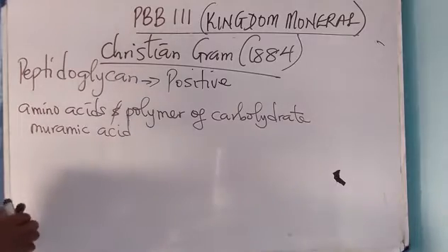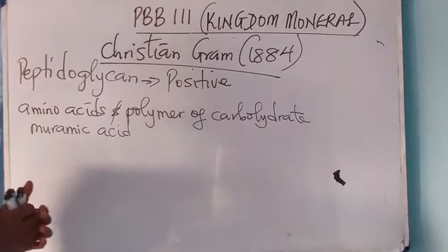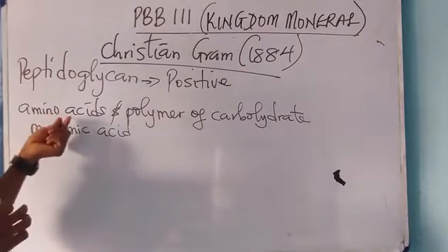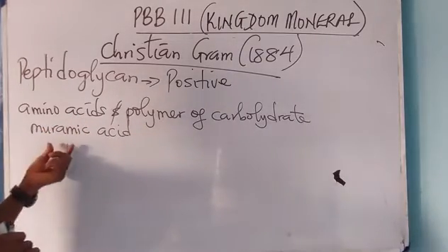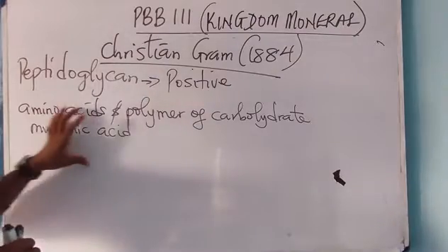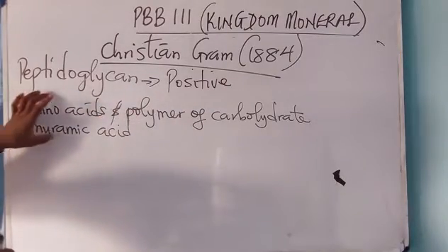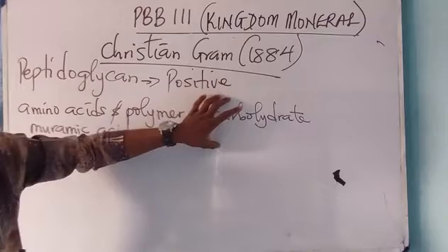I said the peptidoglycan is a cell wall of bacteria that is made up of amino acids, polymer of carbohydrates, and what? Muramic acid. They are all what? Interconnected.